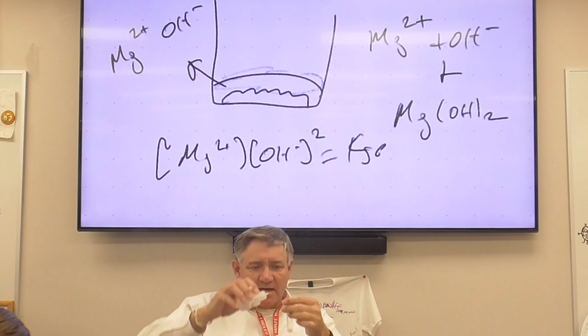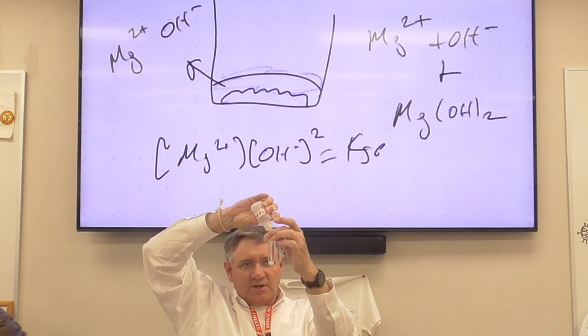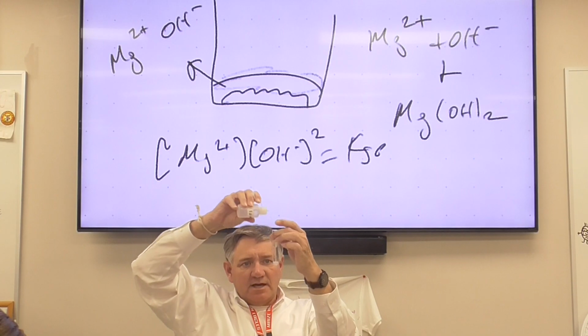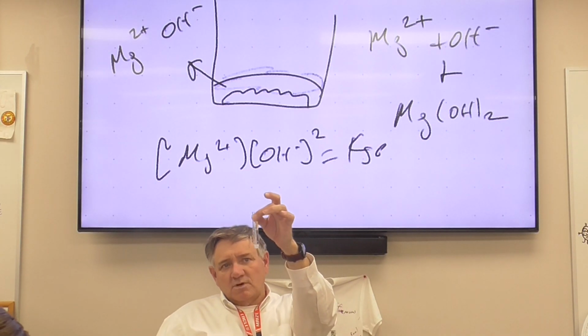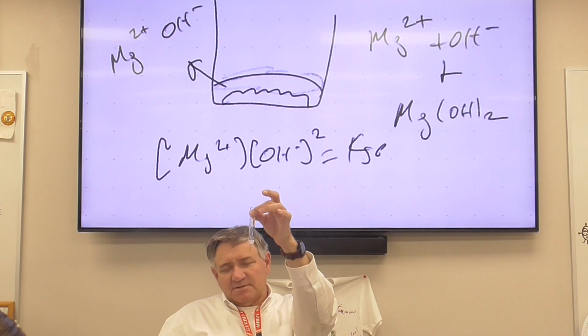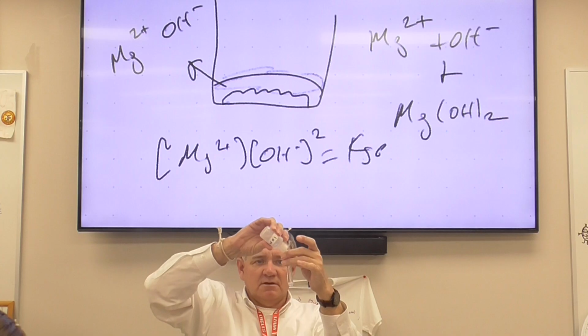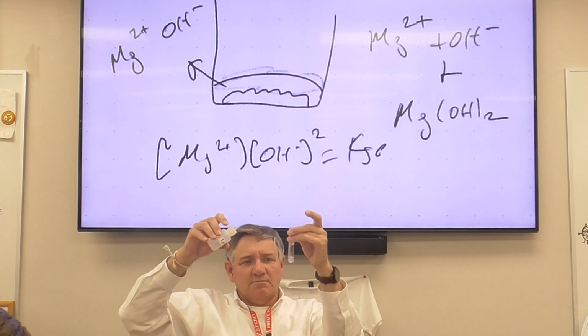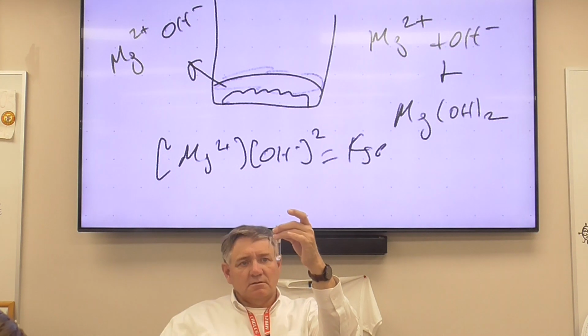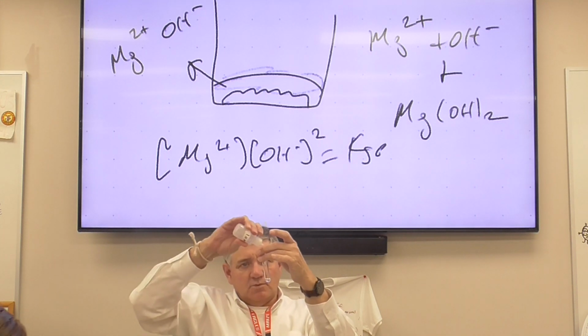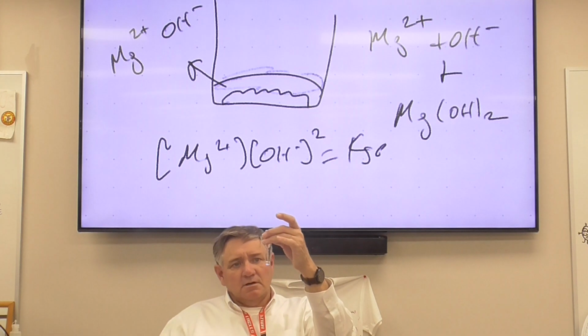But now I'm going to change up the situation. Now I'm going to begin to add some hydrochloric acid. As I add hydrochloric acid, what happened to the amount of precipitate? There's less. So I add a couple more drops. One more, just for good measure.